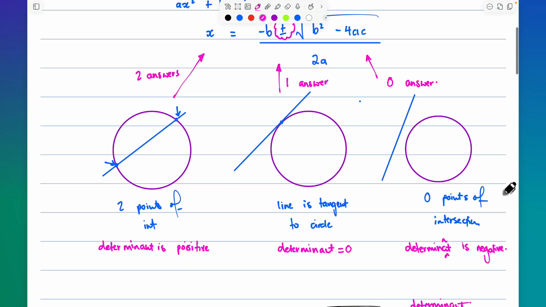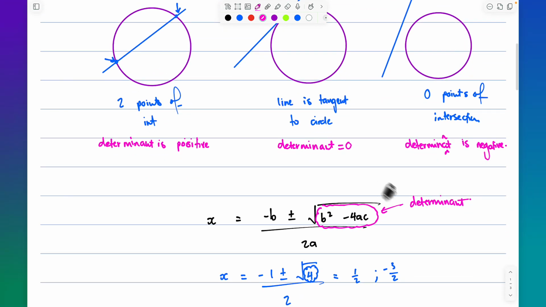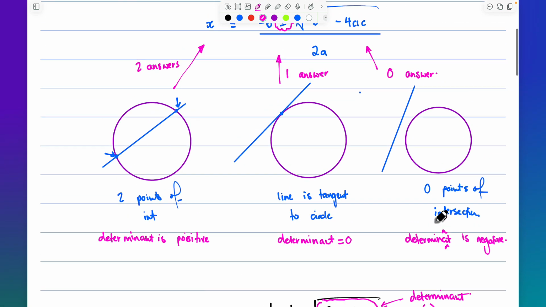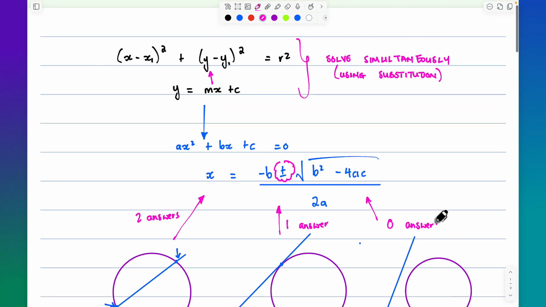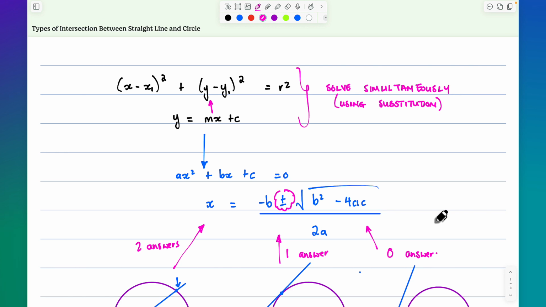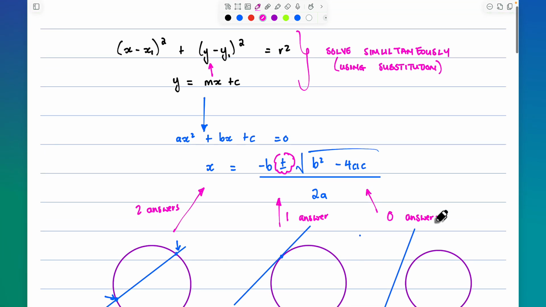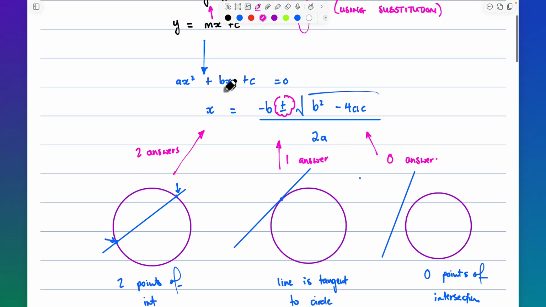Okay, so essentially, it's all about the determinant. I might use this symbol to denote the determinant, but we need to focus on our determinant. Now, it's going to be a little bit tricky because there are a lot of different steps. The first step is to substitute to get your quadratic, which is going to be a result of these two formulas coming together. Once you have that quadratic, we need to ask, what's the determinant of that resultant quadratic?